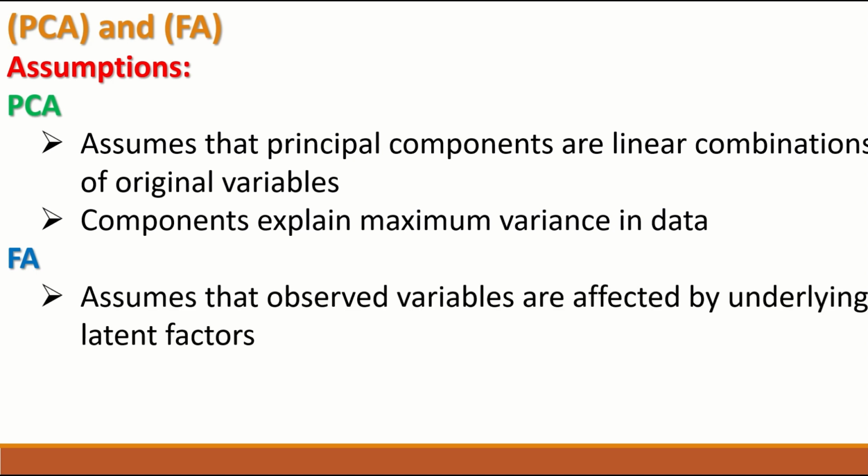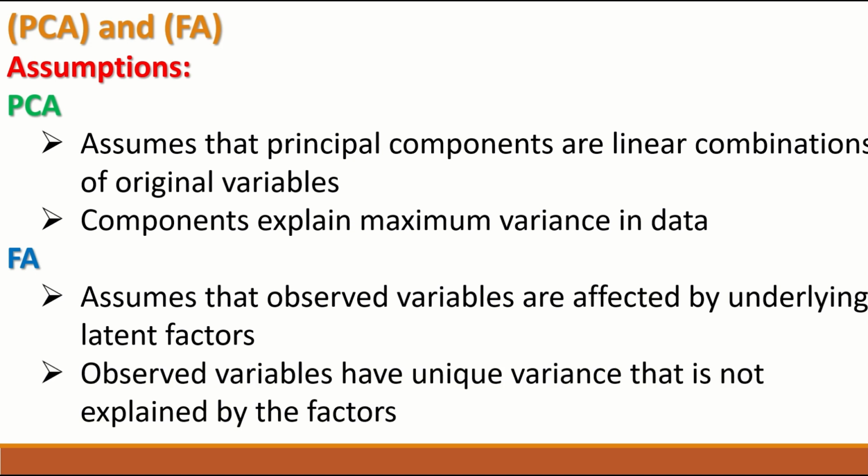FA assumes that the observed variables are affected by underlying latent factors. Those observed variables have a unique variance that is not explained by the factors. So FA will look for common factors and unique factors.